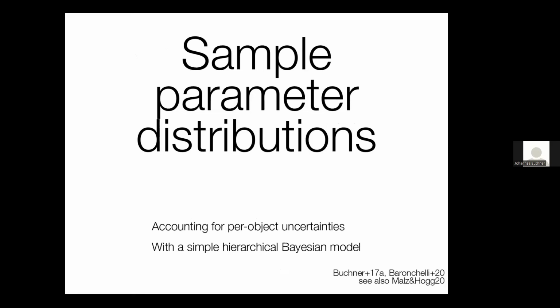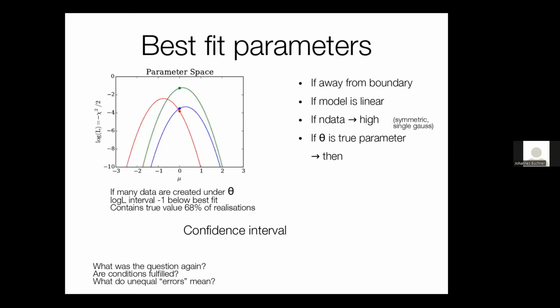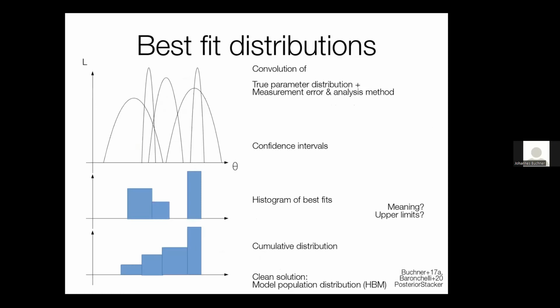Now let's go to something completely different. I told you before that I'm not such a big fan of getting best fits and making histograms of these best fits because they don't contain the uncertainties in the best fits. So what do you do if you want to make a sample distribution, for example, NH distributions of 50 AGN?